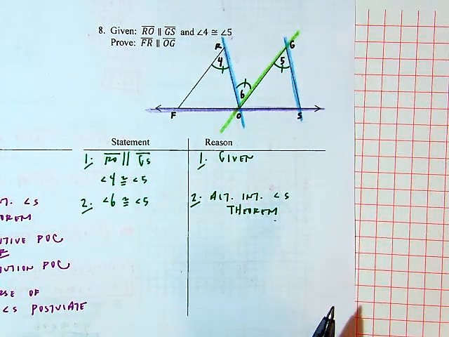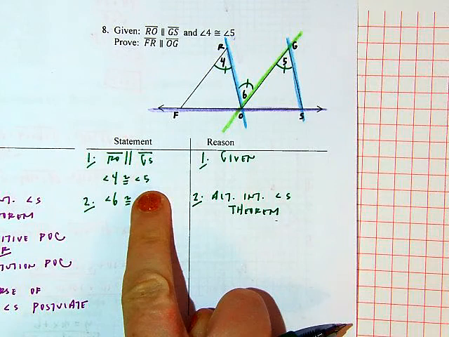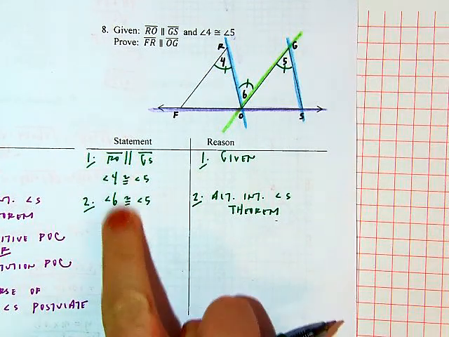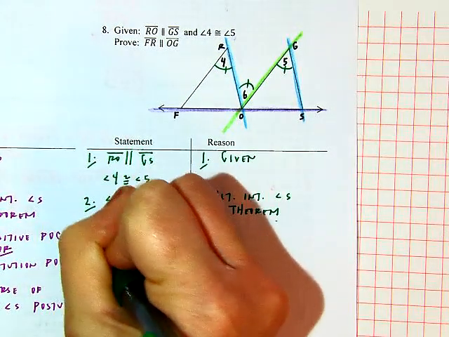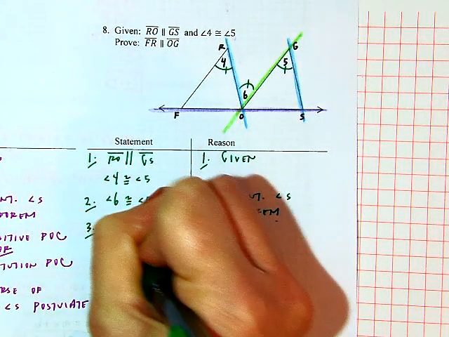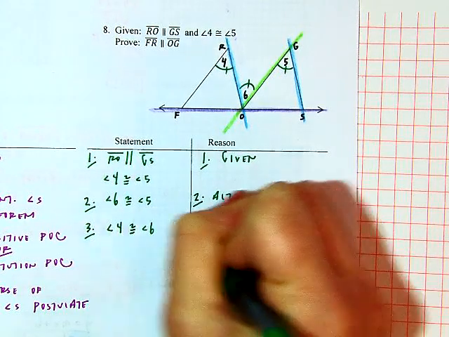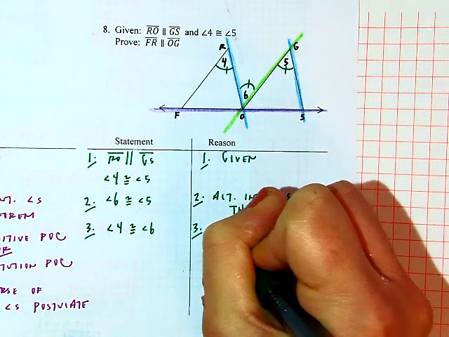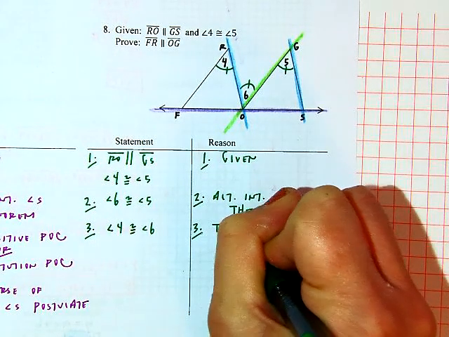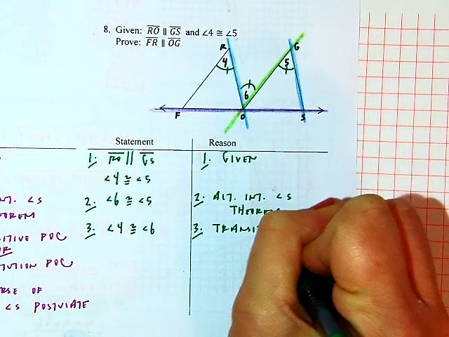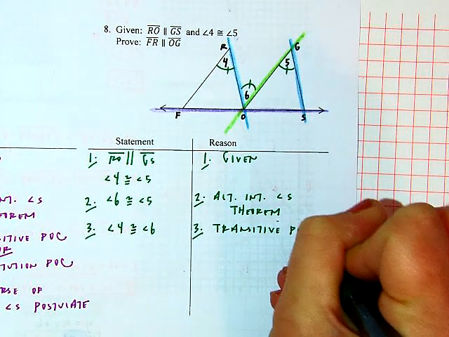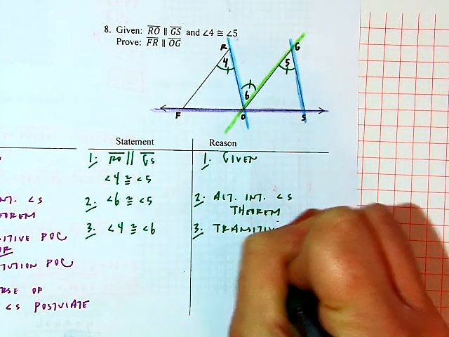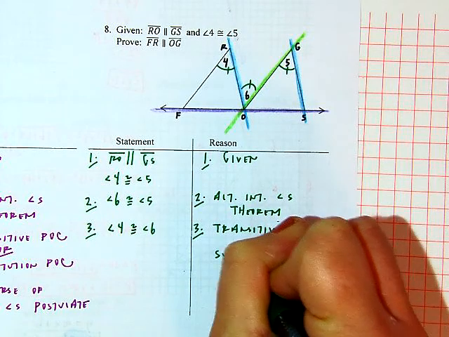All right, we've seen this connection before, right? 4 connects to 5, 6 connects to 5, so 4 has to connect to 6 also. Three-way chain or substitution, so transitive or substitution.